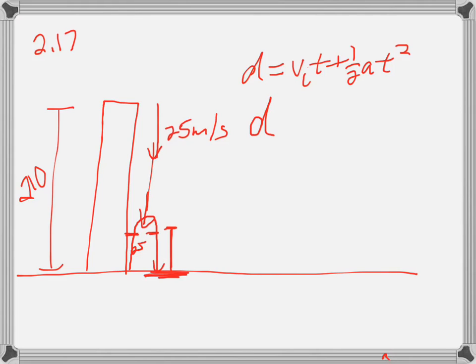Well, D is going to be the distance that he's going to hit it at. Initial velocity is 25. We don't know the time. Plus 1/2 A, which is gravity, 1/2 negative 9.81 times T squared. Okay, so that doesn't seem like it helps us a whole lot. This is the distance here that we're trying to solve for, but we still don't know the time.